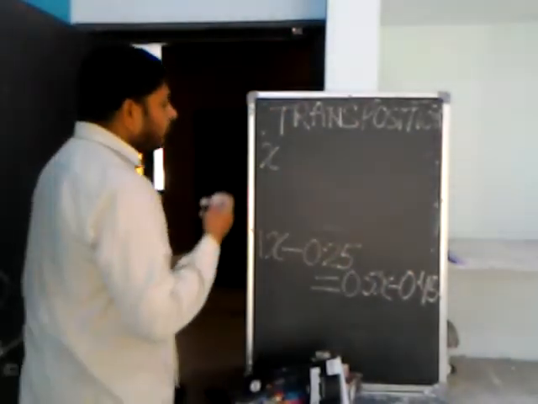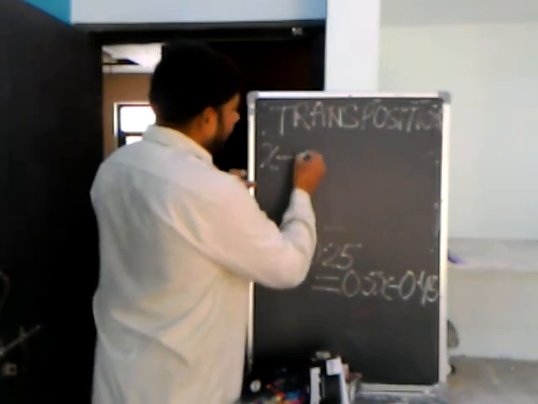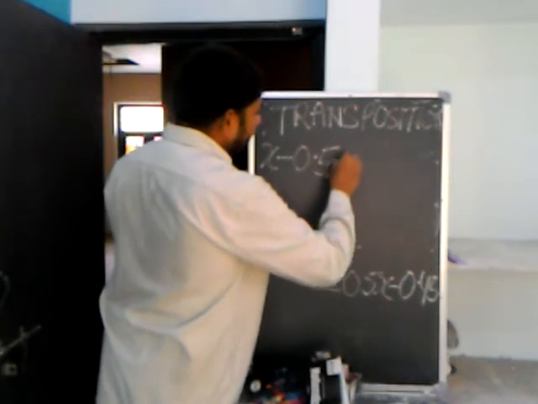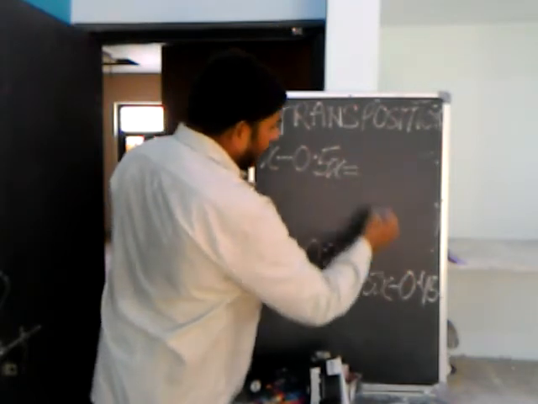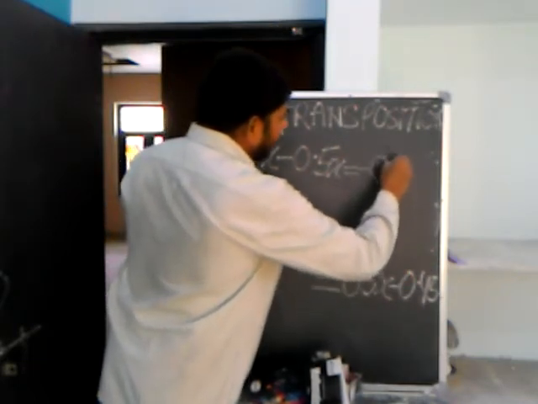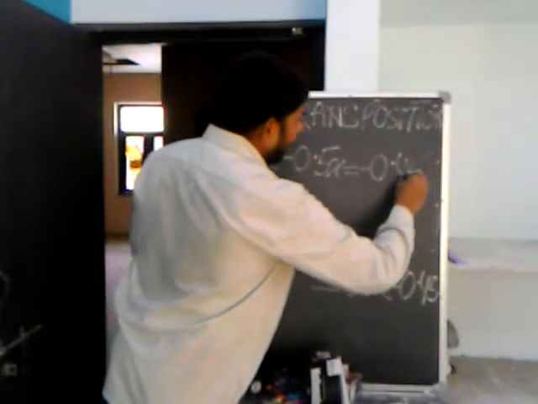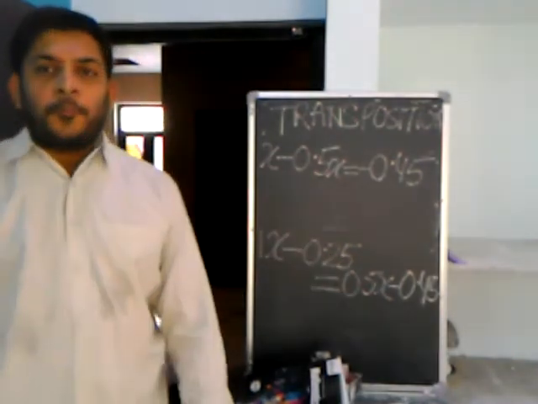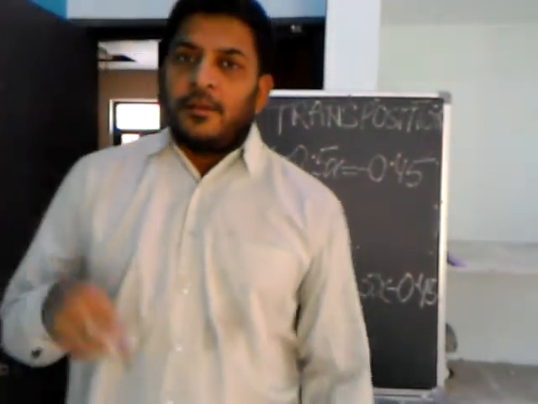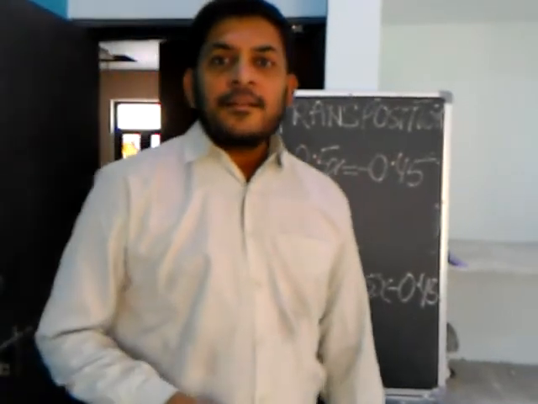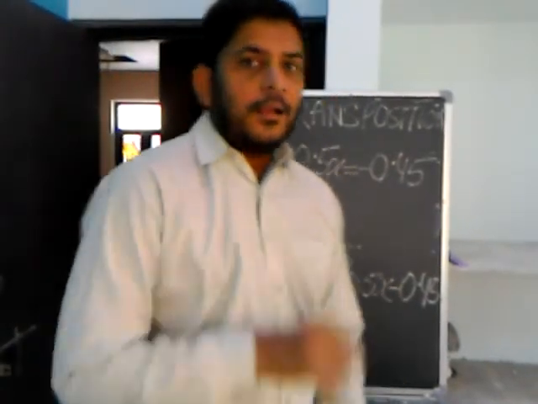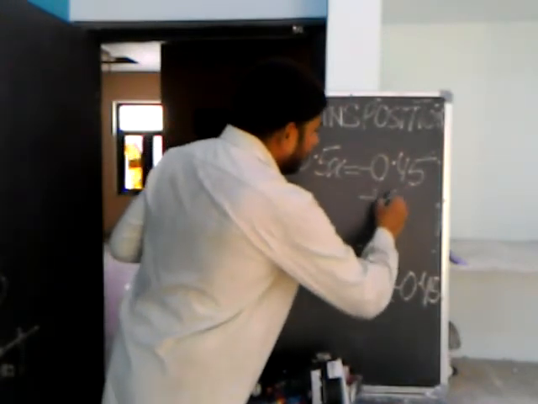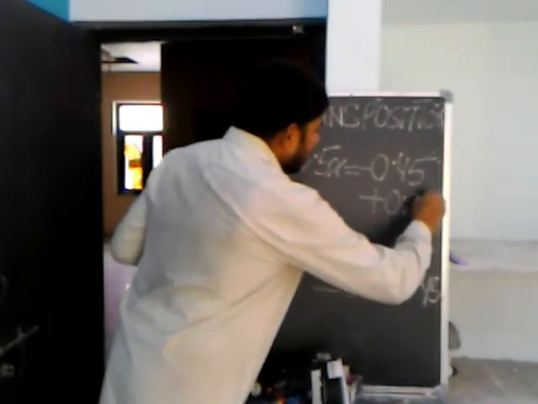So it becomes minus 0.5x is equal to minus 0.45, and this constant part, 0.25, is a negative integer, so it will go on the right side and become positive 0.25.